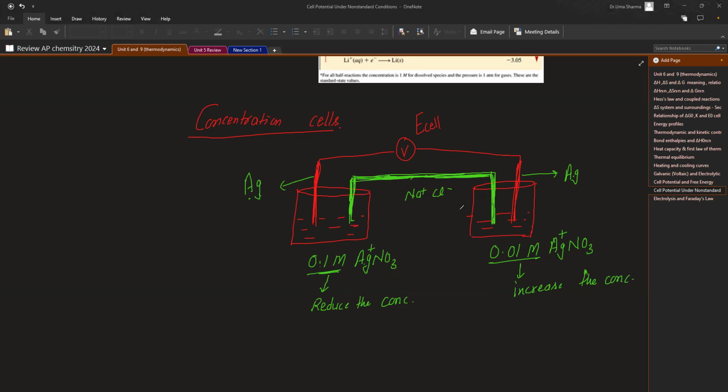So you're not adding anything from outside, you're connecting them. So can you tell me how to reduce the concentration of Ag plus? By, yes children, by reduction. So what is this, anode or cathode? Cathode.